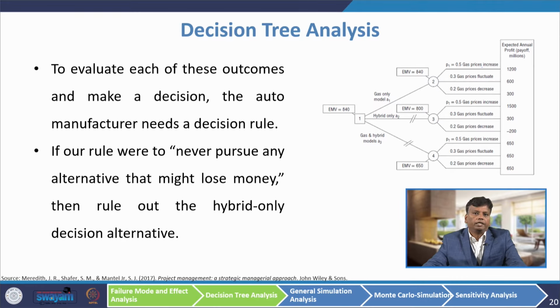To evaluate each of these outcomes and make a decision, the auto manufacturer needs a decision rule. If our rule were to never pursue any alternative that might lose money, then rule out the hybrid only decision alternative, because the company says that we should not go for any loss. So, the company will not go for the second option of hybrid only vehicle.